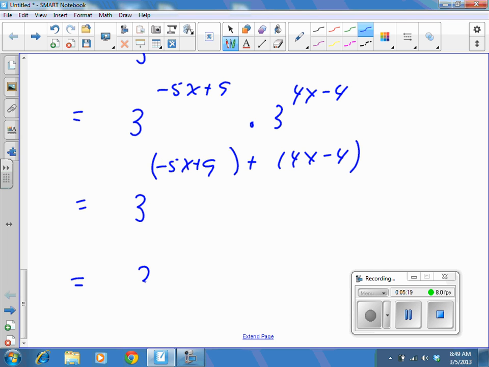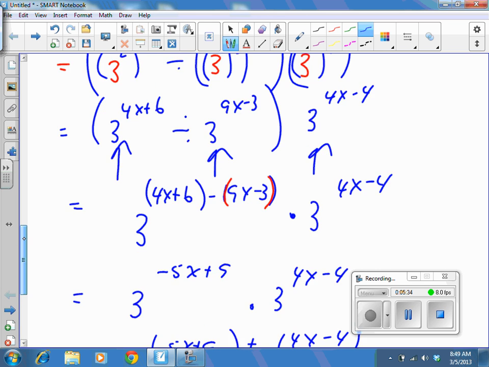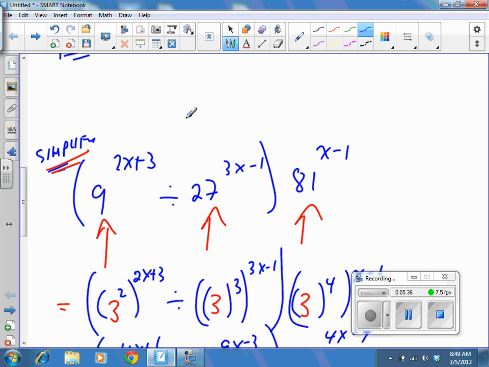So we end up with 3 to the power of 9 minus 4 is 5. Negative 5x plus 4x is negative x. Negative x plus 5. Okay, so not to get lost in the simplifying, let's go back and look at this question.